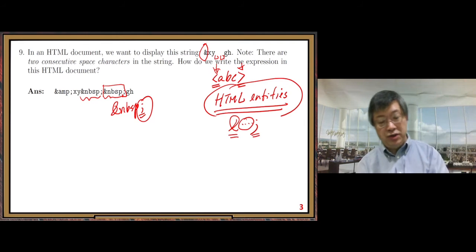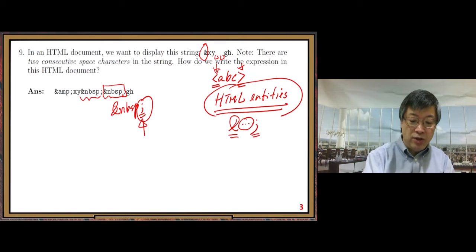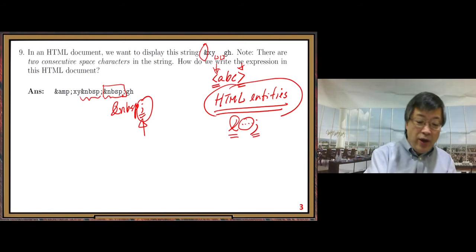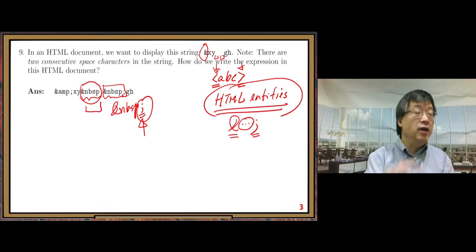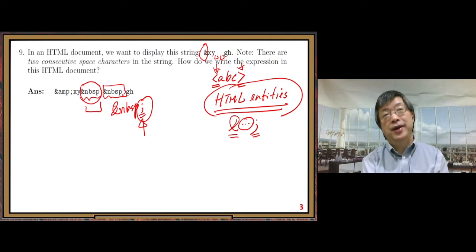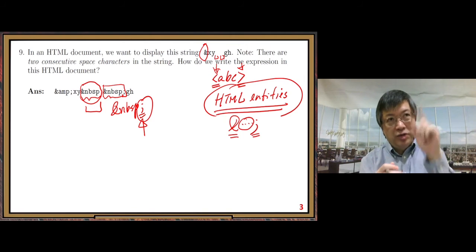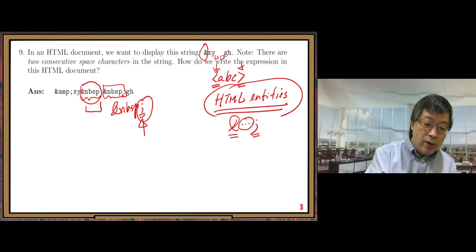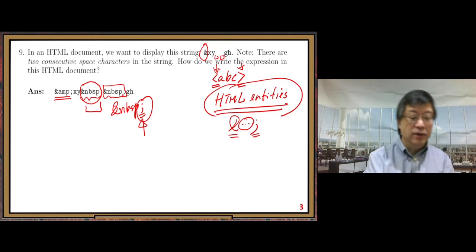Quite some students missed this symbol. Although we can use 2 spaces, some students just leave one space. That's okay. Still, the browser can display that one space character without any problem. The biggest problem occurs at the ampersand.